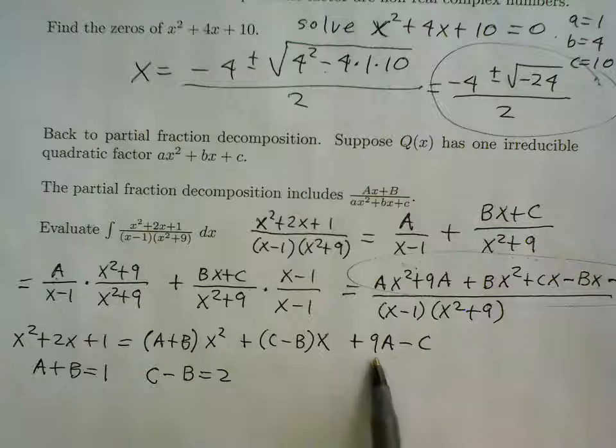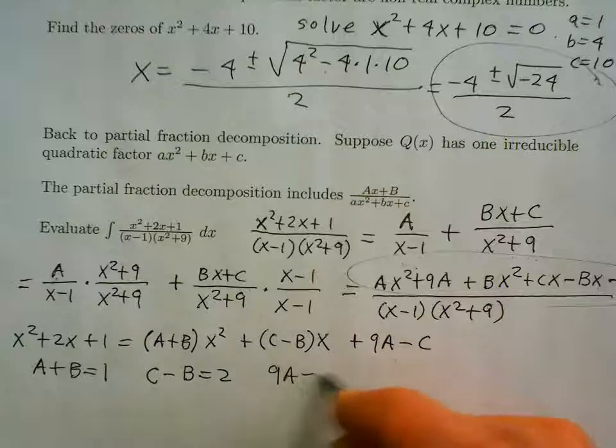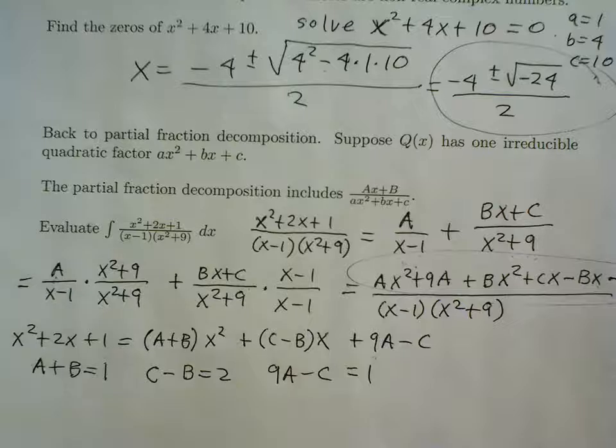And the constant 1 has to be equal to 9A minus C, so 9A minus C equals 1. We have 3 variables, A, B, and C, and 3 equations, and the equations are independent, so we will be able to solve for A, B, and C.